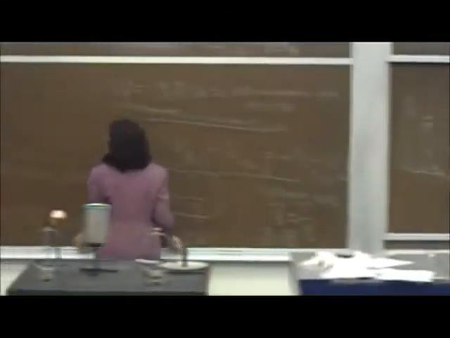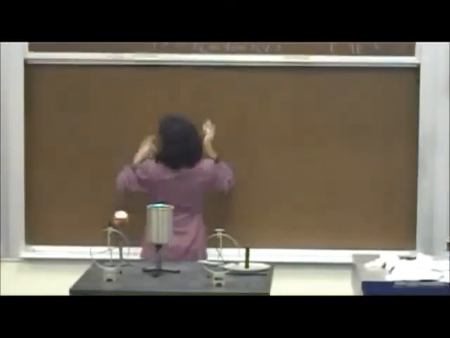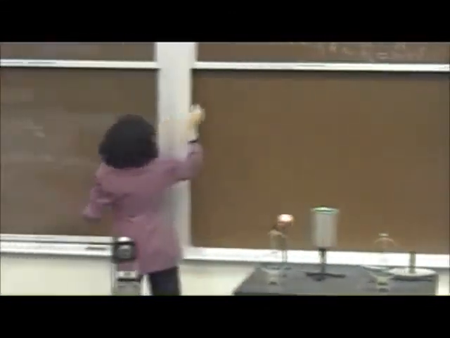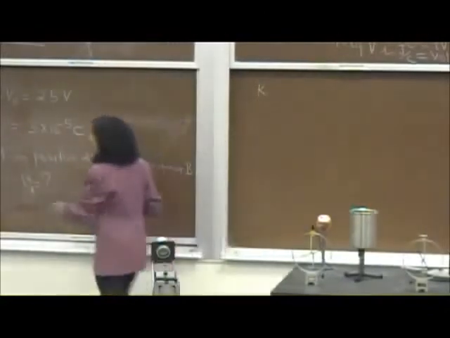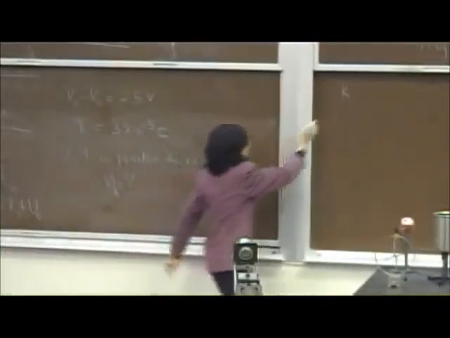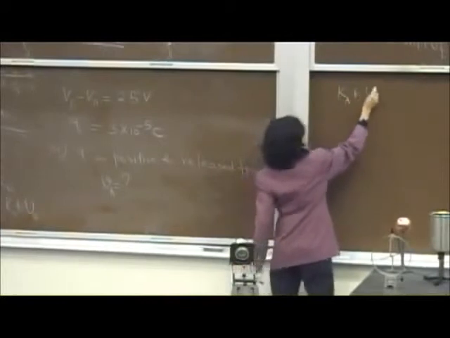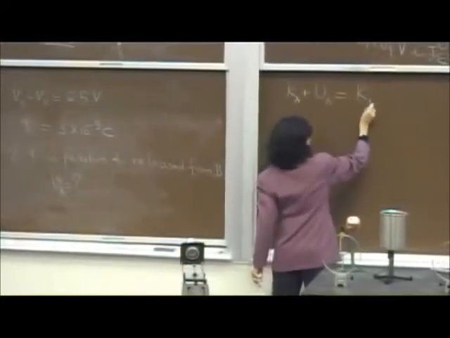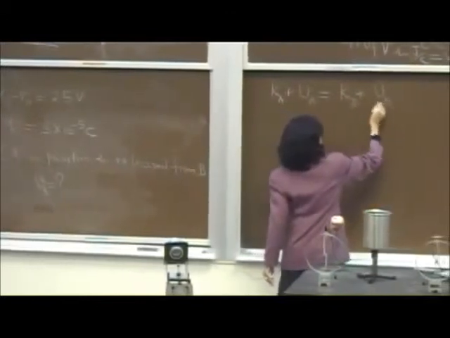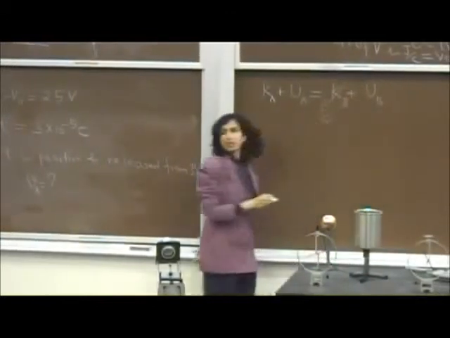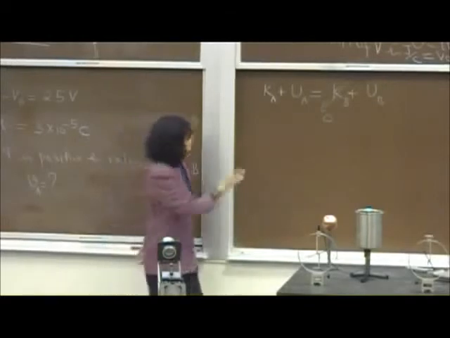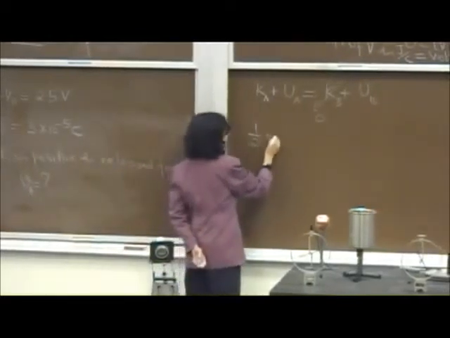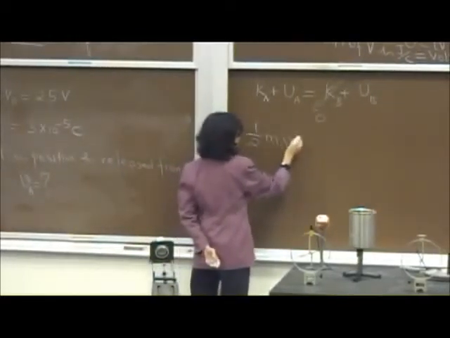Is there no blackboard that is not used? Oh, here. Good. So basically, we have this K final, and final for us is point A. So I can say Ka plus Ua, these are the final things, is equal to K initial, which is Kb plus Ub. Now Kb is 0 because the initial speed of the particle is 0. So what we have is half mVa square.